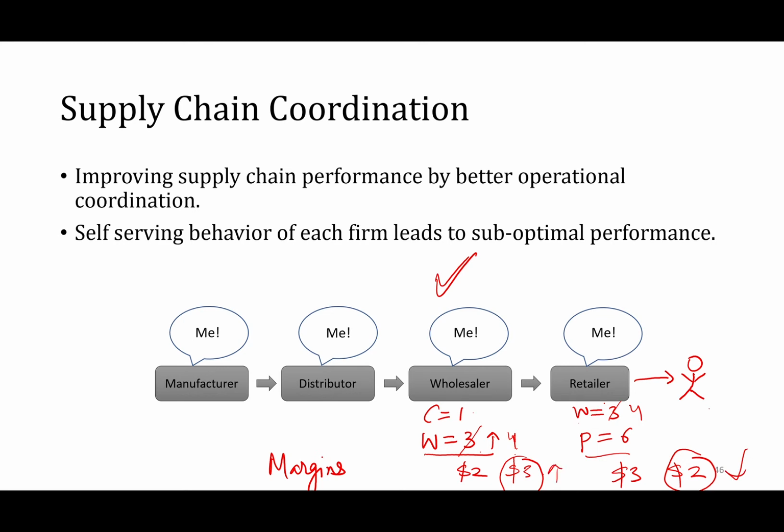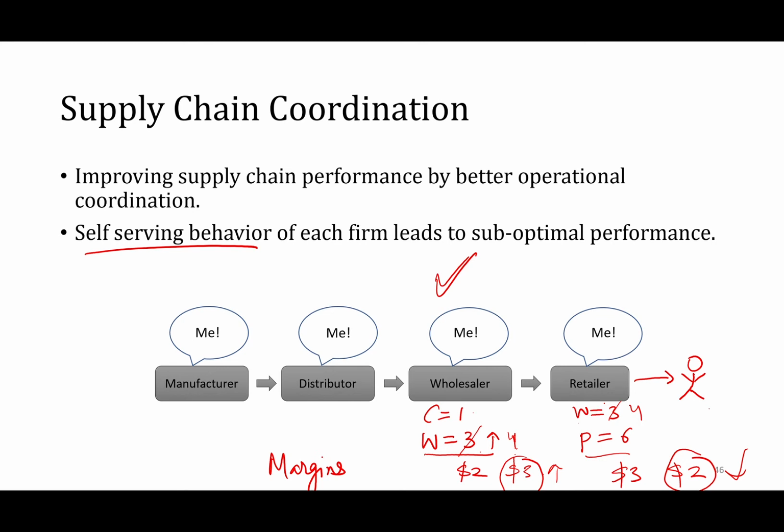So in this case, everyone is practicing self-serving behavior. The manufacturer is thinking about itself, the distributor is thinking about itself, the wholesaler and the retailer, all of them are just going me, right?